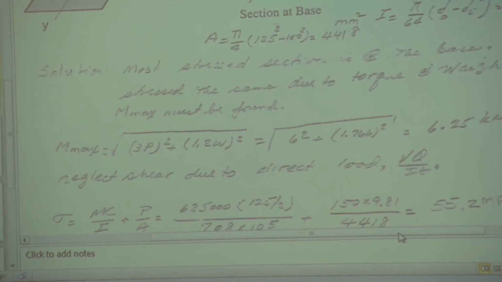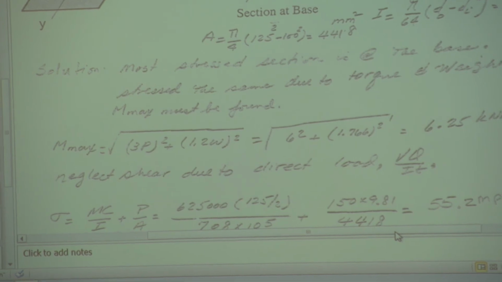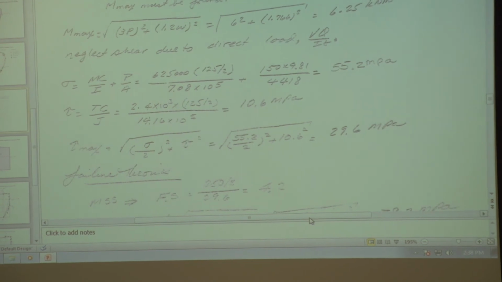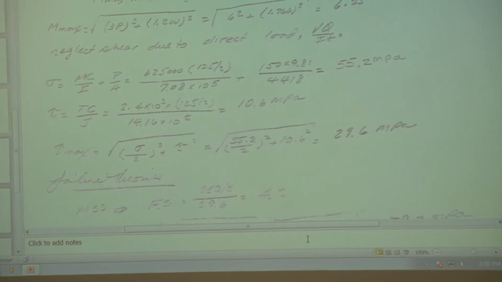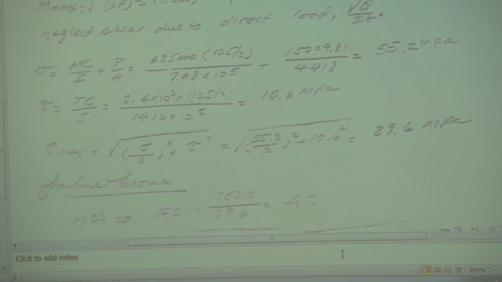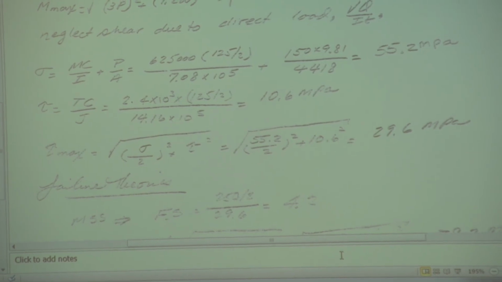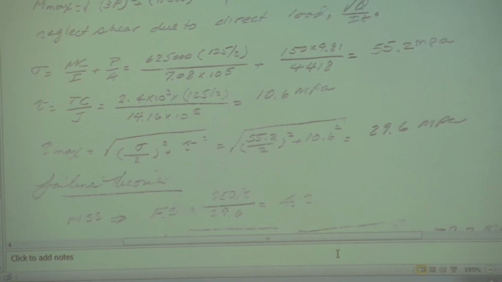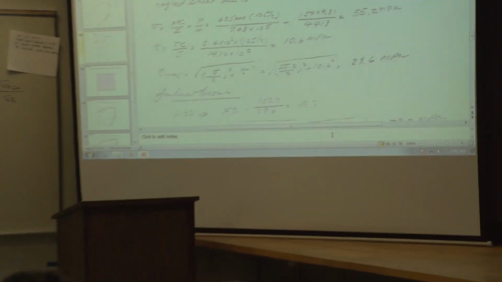And of course, you should add to those stresses the normal stress, that is, P over A. Because we have a compressive load P, and somewhere along the line, the normal stresses are compressive, so they add. So it looks like this. From the tensile, from the moments, you get this.